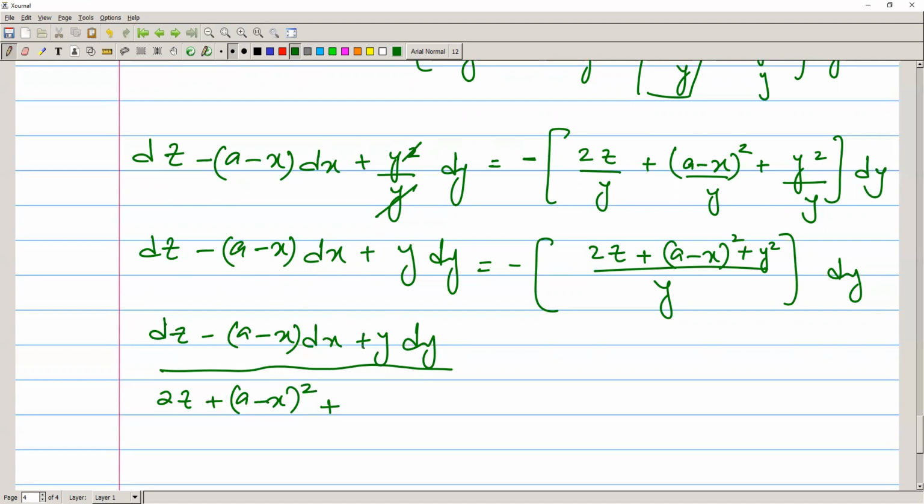Okay, so this was positive. I'm really sorry. This will be 2z plus a minus x whole squared plus y squared equals negative 1 over y dy.